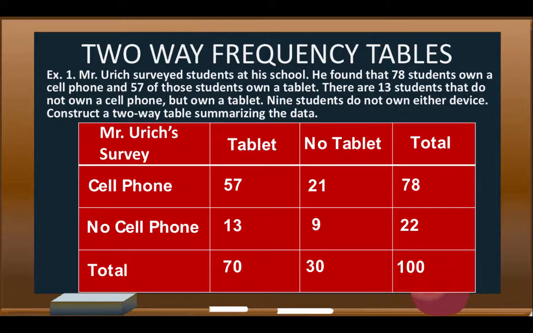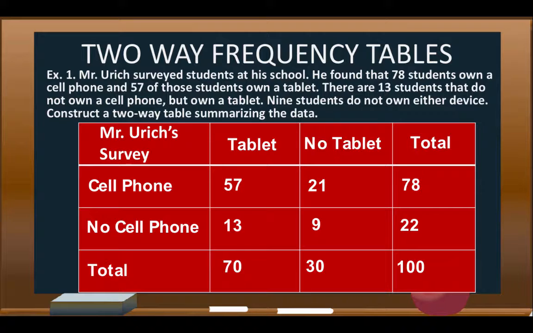When you're constructing a table like this on your homework, when you get to this part, when you have the rest of the table filled out and all you have left is the total, add it up going both ways and make sure you get the right thing. If you don't get the right thing, then you know that somewhere in your table you either put a number in the wrong spot or you added or subtracted incorrectly.